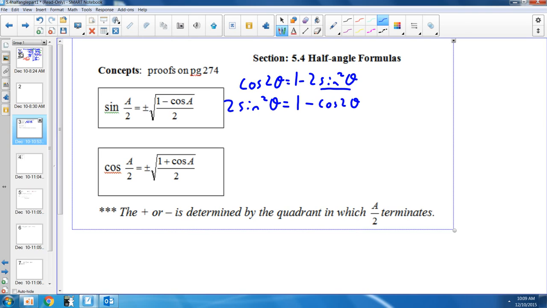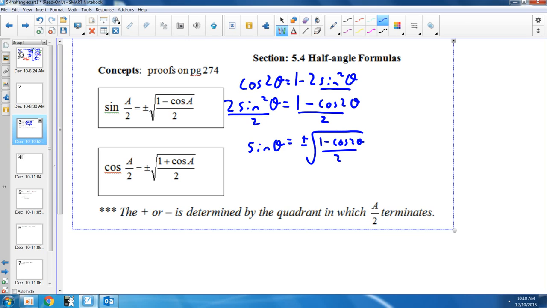So I added 2 sine squared theta to both sides and subtracted cosine 2 theta from both sides. And then what I want to do is divide by 2. And I'm going to see that sine theta is equal to plus or minus the square root of 1 minus cosine 2 theta divided by 2. This is the formula for this.